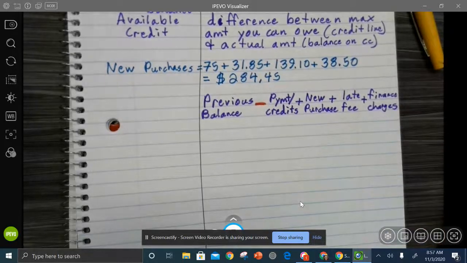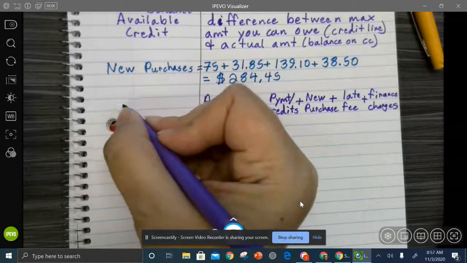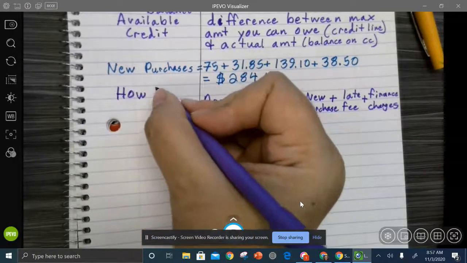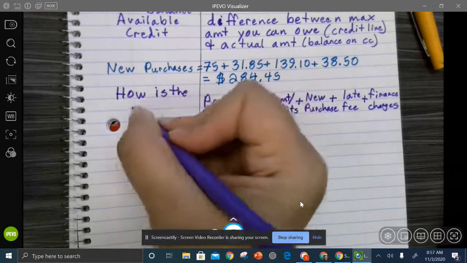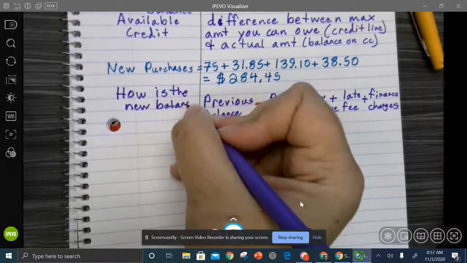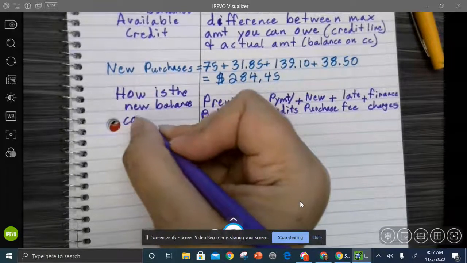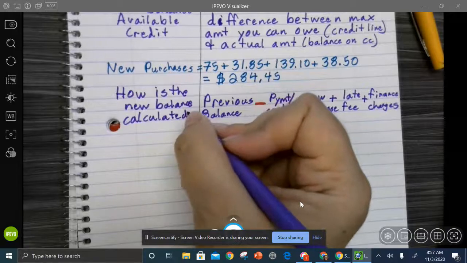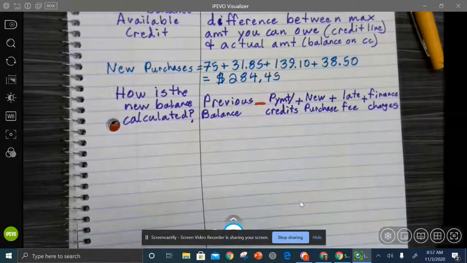Okay, so your finance charge is that interest. So question, how is the new balance calculated?